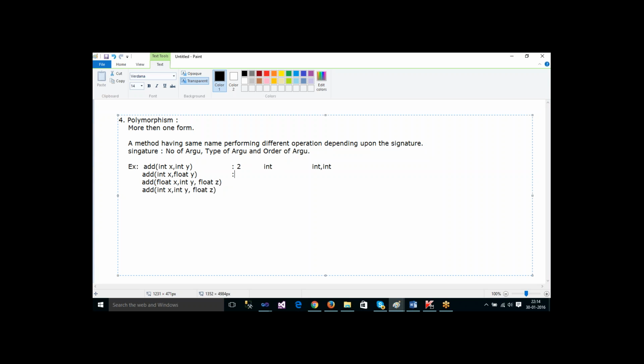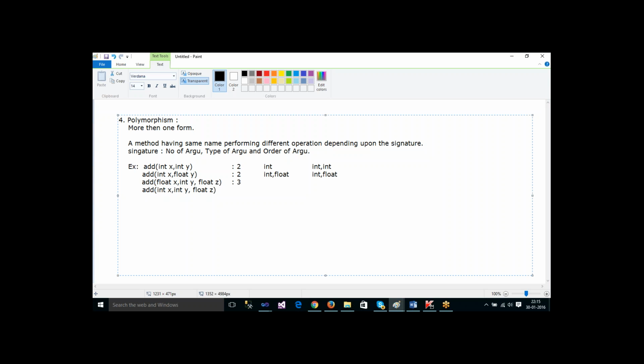Now, one by one. First, Raghavendra, number of arguments in the second one? Two. Type of arguments? Int and float. Order of arguments? Int comma float. Yes. Now, Nitesh, number of arguments? Three.